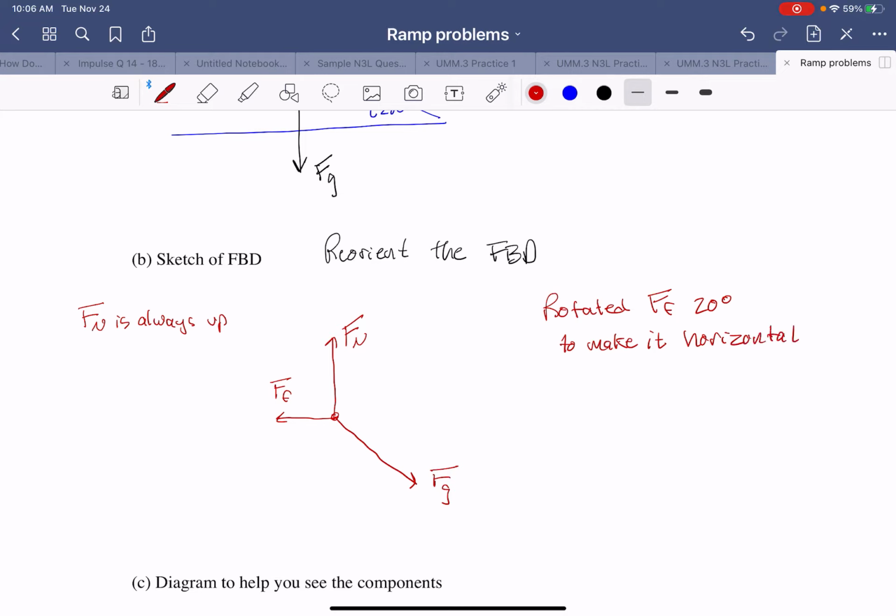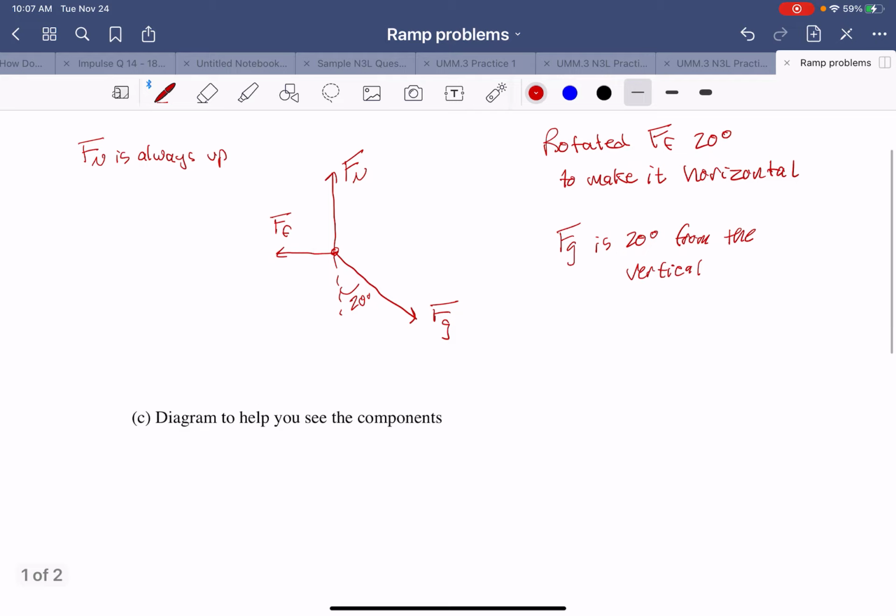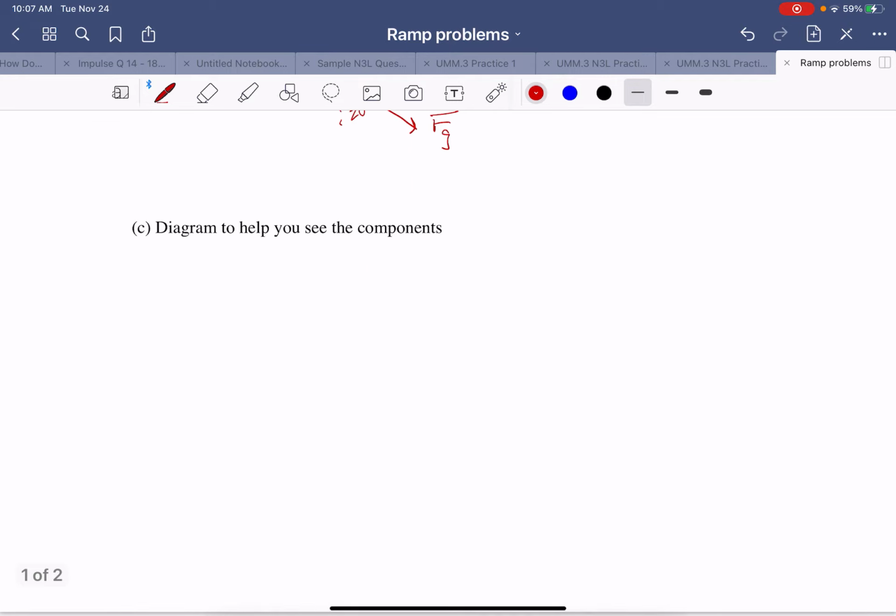If I rotate everything 20 degrees, then my gravitational force is 20 degrees from the vertical. Physicists always find a way to make things a little easier. Now you see that I don't have components for a normal force or a friction force. I just have components for my gravitational force. So let's see what that looks like.